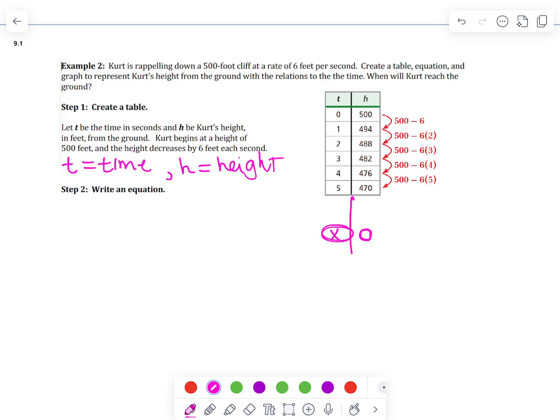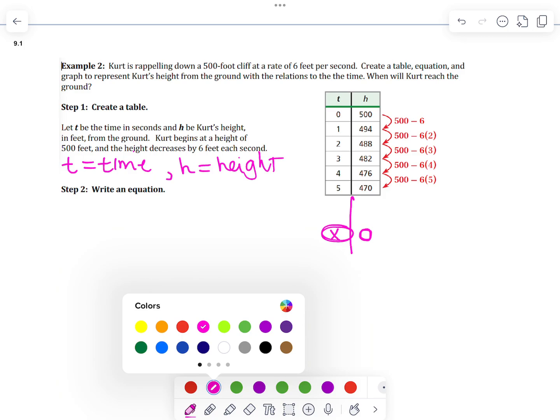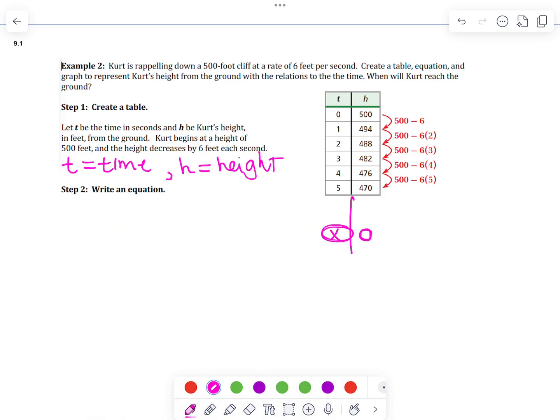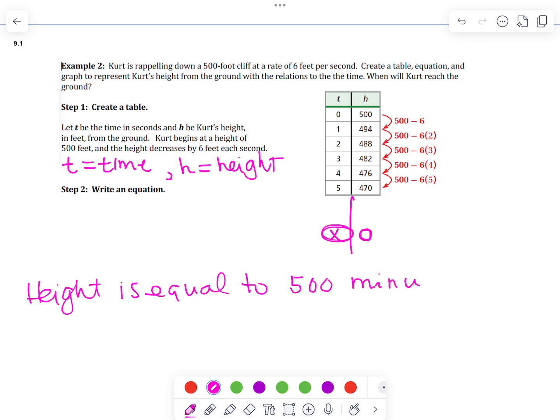Next, we want to create an equation. So to write an equation, we're going to say that our height is equal to 500 minus 6 feet per second.